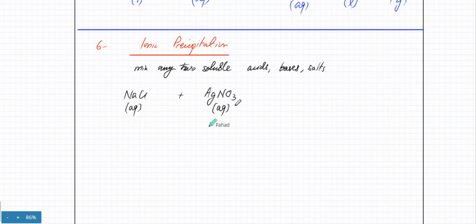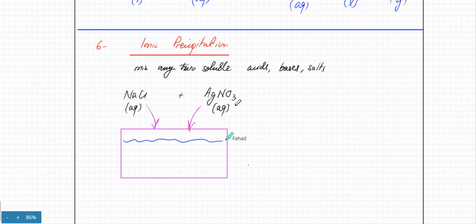So if it's aqueous, तो इसका मतलब है कि in a beaker, if you pour both of them into a beaker, तो दोनों dissociate हो जाएंगे. So your solution would contain lots of sodium ions, lots of Cl ions, अलग-अलग. And your solution would also contain lots of silver ions and lots of nitrate ions, all roaming around and kept apart by the water that's in between them.